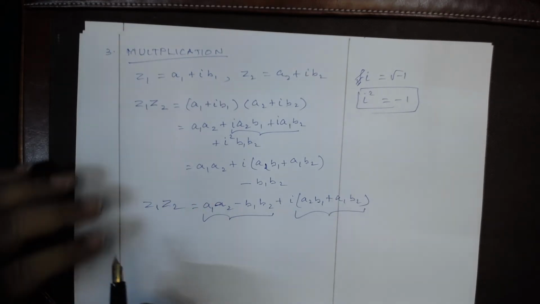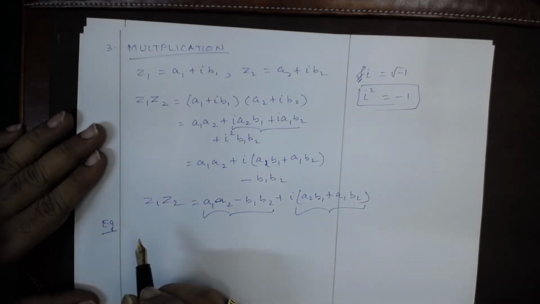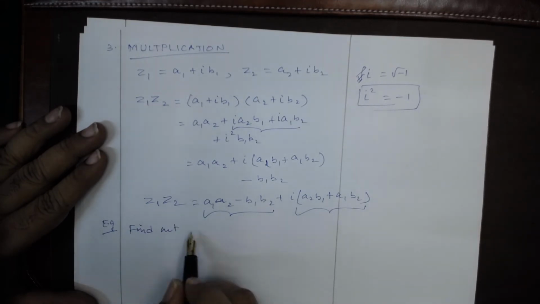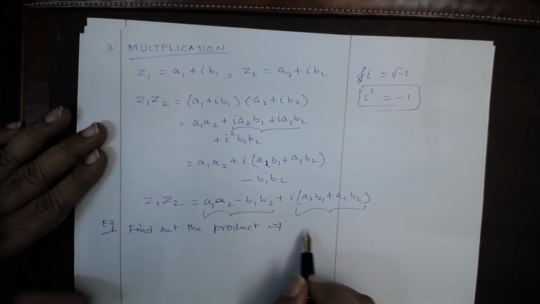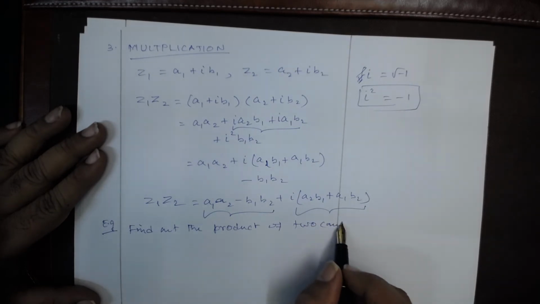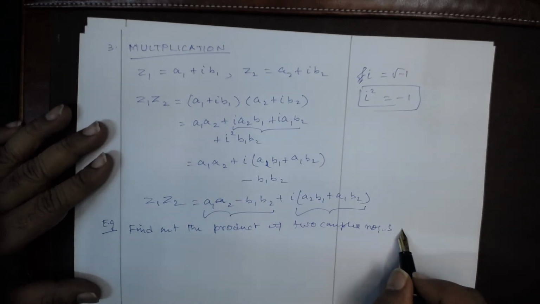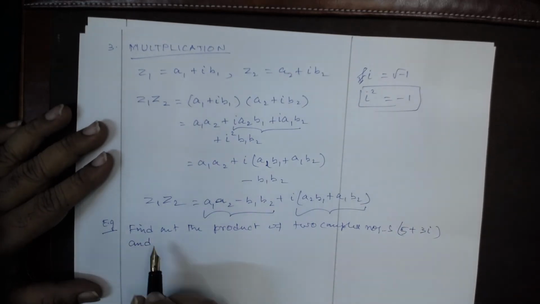Let us work out an example. Find out the product of two complex numbers, that is 5 plus 3i and 2 minus 5i.